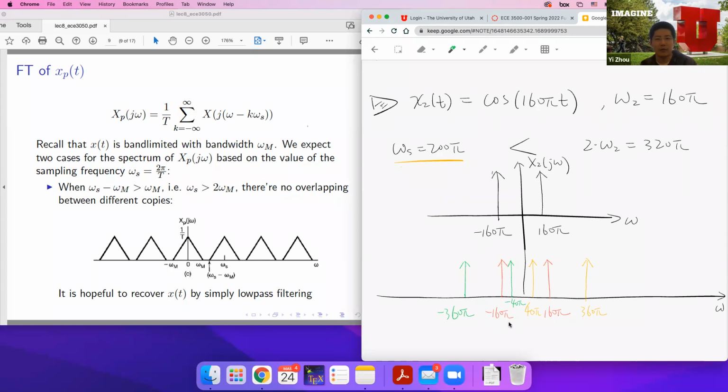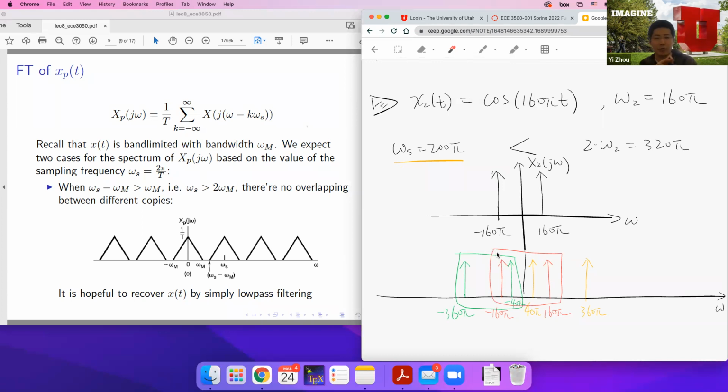But here you can already tell that these different copies are indeed overlapping with each other. Right? So the green one is here, and it is overlapping with the first copy, the red one.